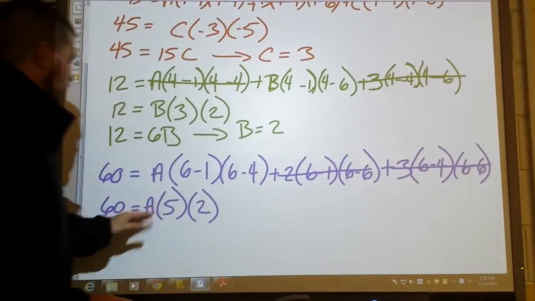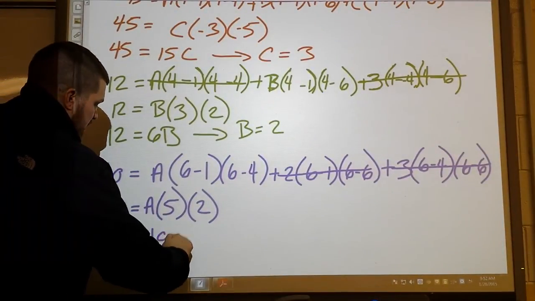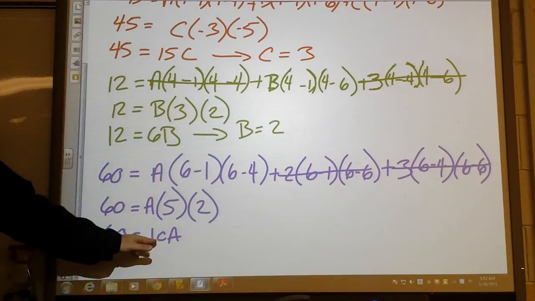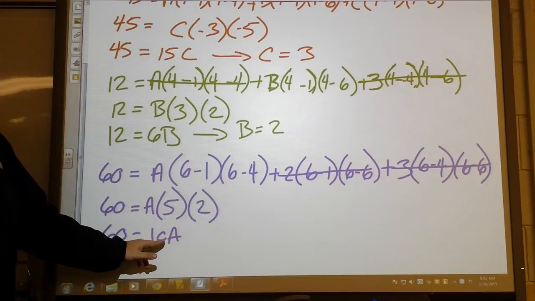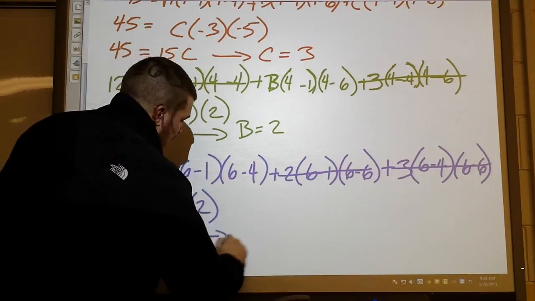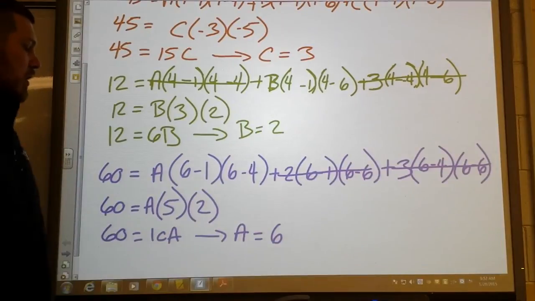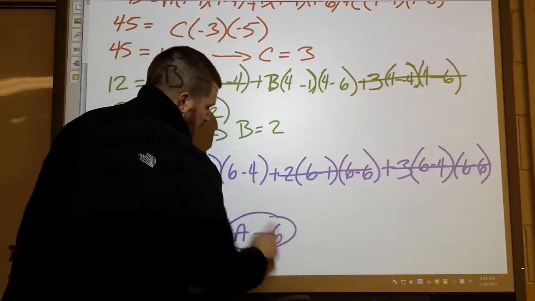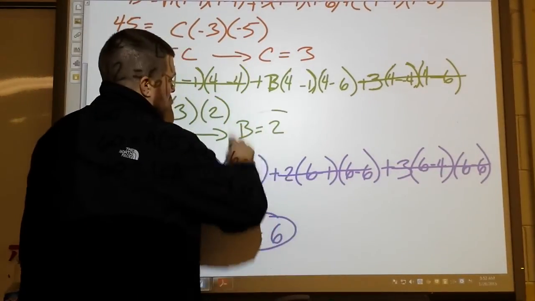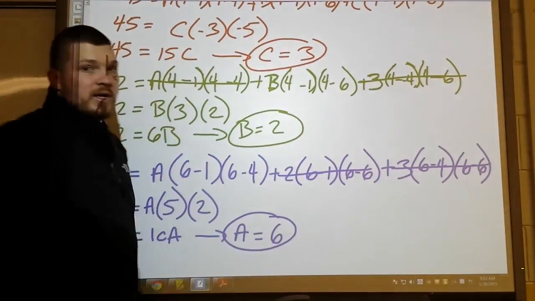So the only thing left we have is 60 is equal to 10a. This is multiplication. To undo multiplication, we divide on both sides. Once we divide both sides by 10, we find out that a is equal to 6. So now we have all three of our coefficients that were missing, a, b, and c. And that's it for this video.